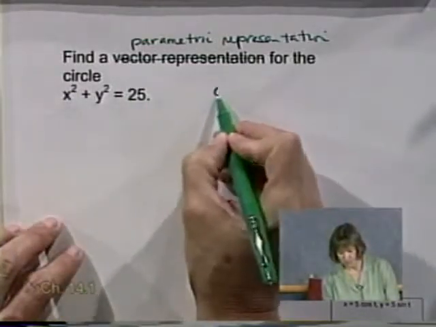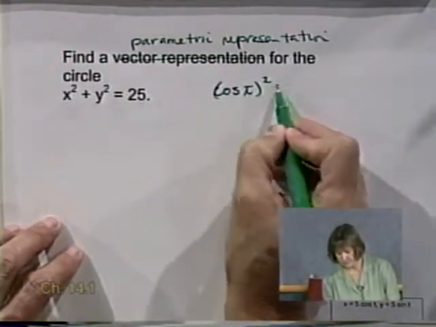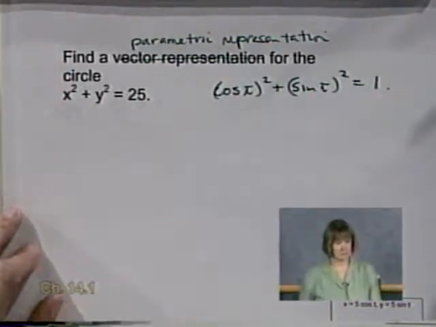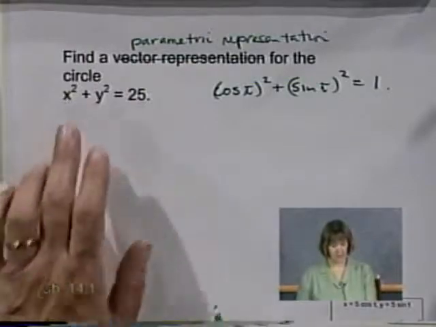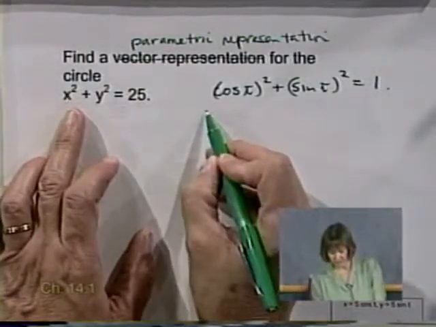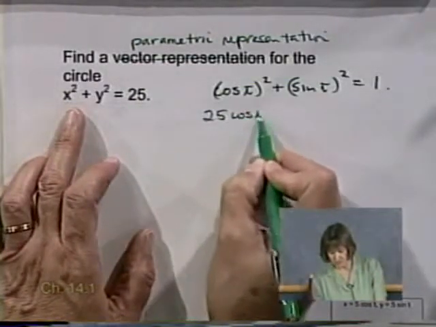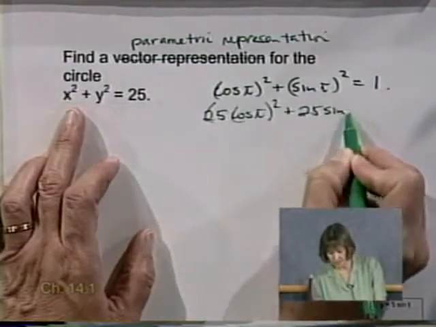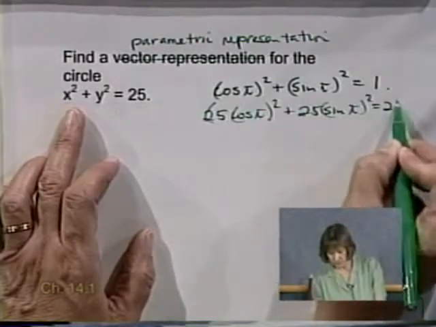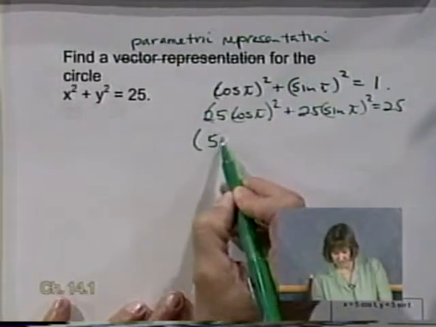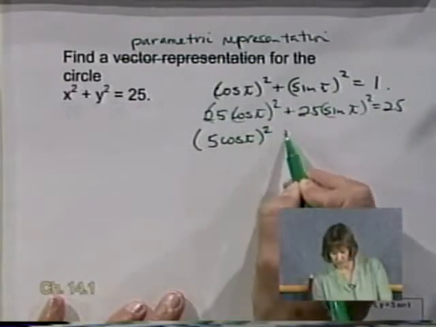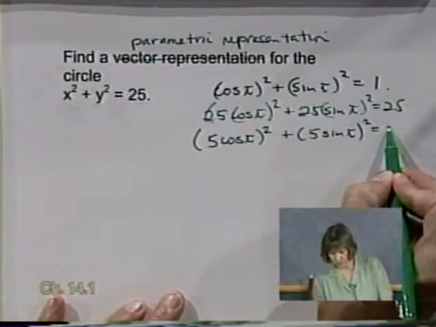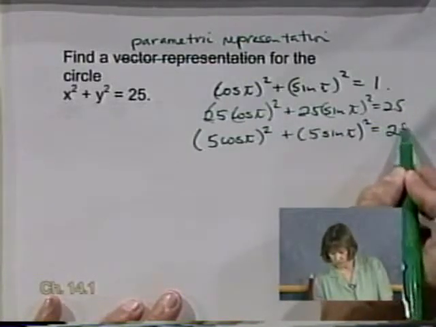Remember, cosine squared plus sine squared is equal to 1. We can multiply through by 25 and make 25 cosine squared plus 25 sine squared equal to 25, or we can write this as 5 cosine t squared plus 5 sine t squared is equal to 25.